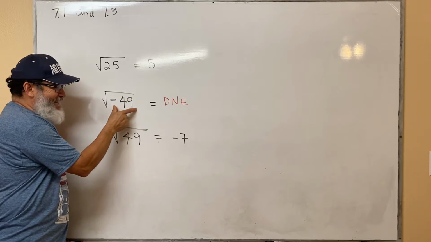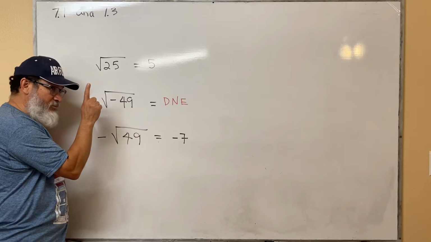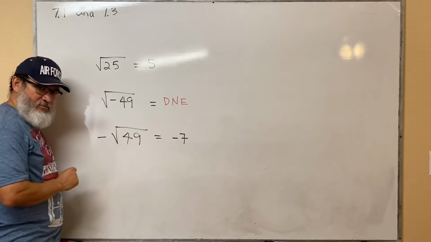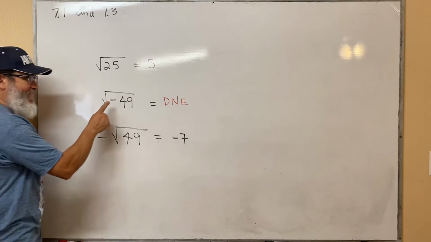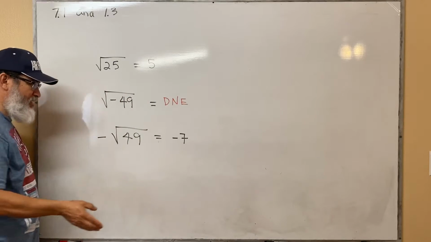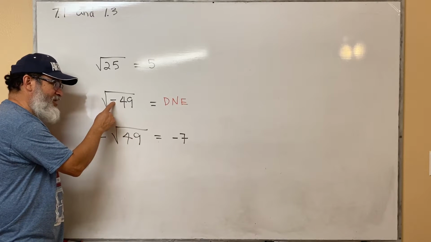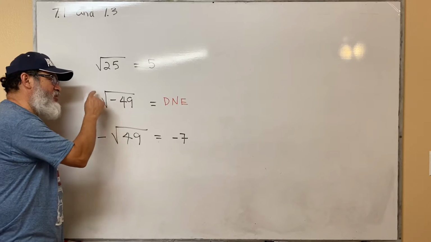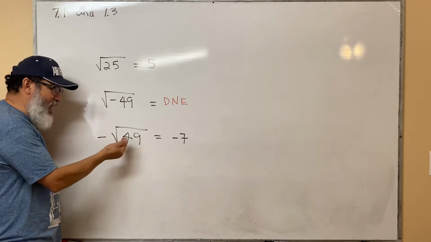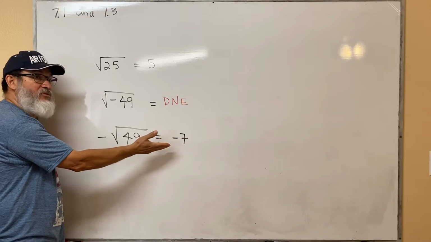When the radicand is negative, and we're talking about the square root of a negative number, it does not exist. In other words, if you have a negative under the square root, it does not exist. But if you have a negative outside the square root, that does exist. The answer is negative.